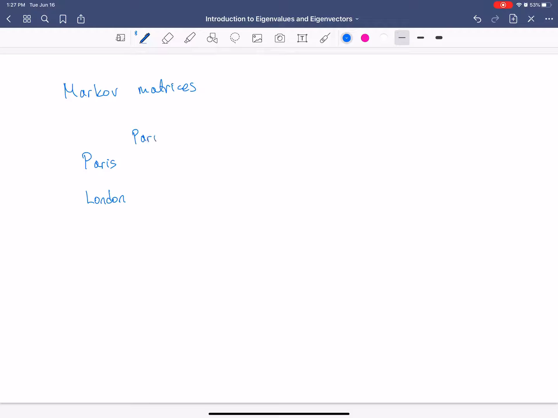So I could build a matrix that will record the proportion of people who have come from Paris or from London in each of the cities. So for example, if 80% of the people, I should write an 8 there. Maybe I'll write the matrix and then I'll explain what the numbers mean.